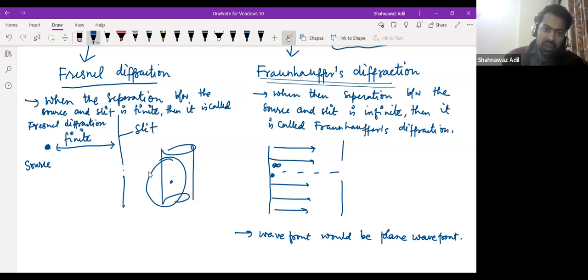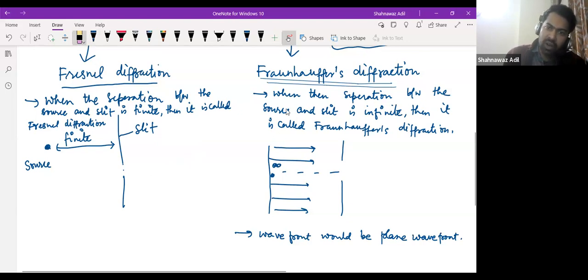But for the case of the very far away distance, the wavefront is parallel. So for the Fraunhofer's case, the separation between the source and this slit is infinity, and the wavefront would be plane wavefront. So these are the two cases for the Fraunhofer diffraction.